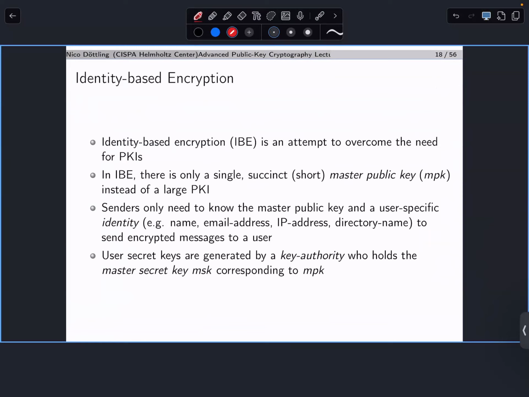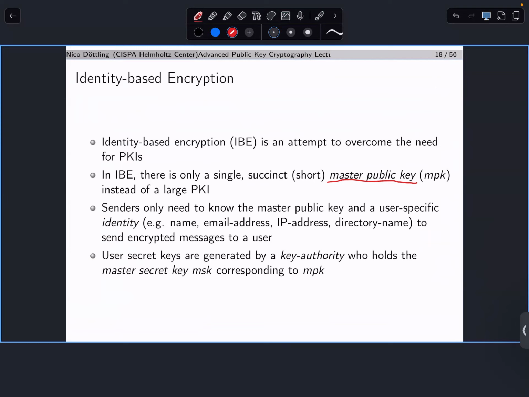In a standard public key encryption scheme, everyone has their own public key. In identity-based encryption, there's just one public key for everyone. We call this a master public key. So you might say, okay, there's just a single public key and this public key is short.